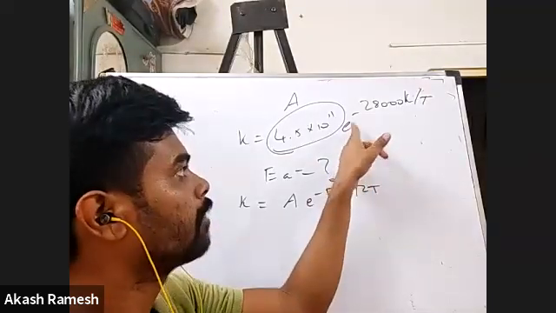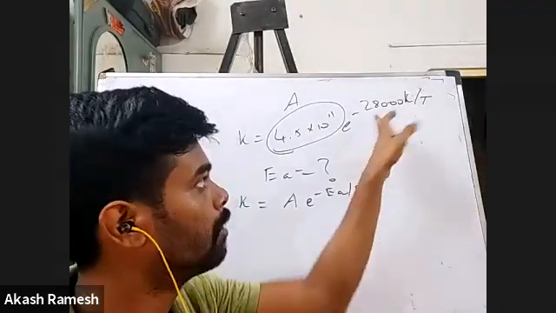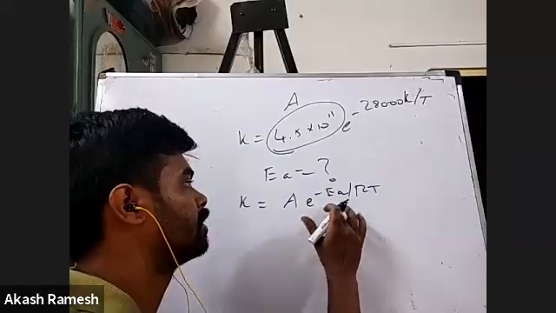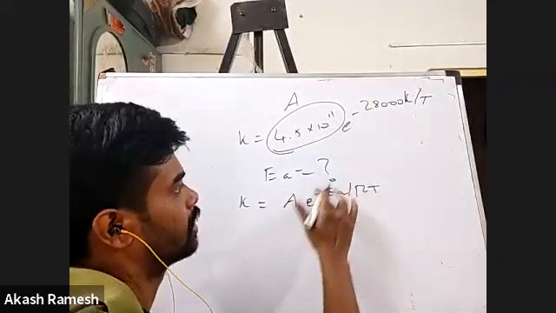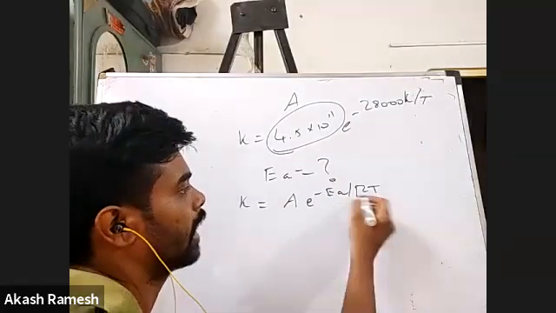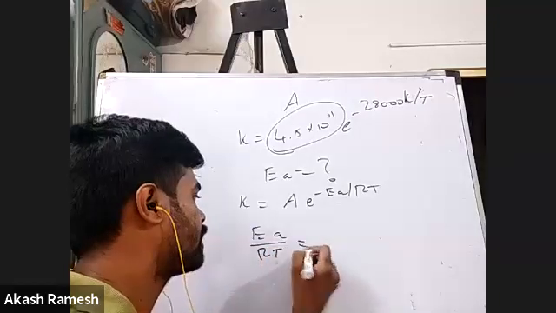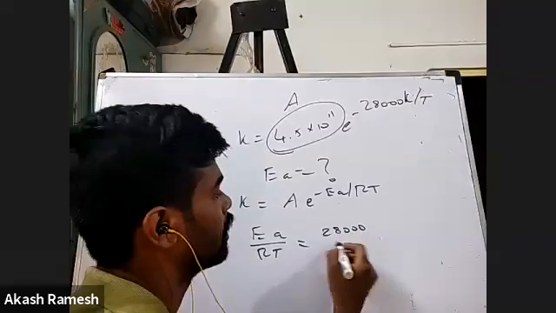Here I have e power minus 28,000 divided by T. So the minus also gets cancelled. So can I write this as Ea by RT is equal to 28,000 divided by T?